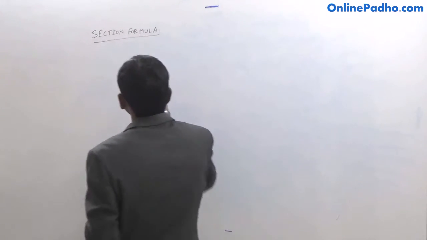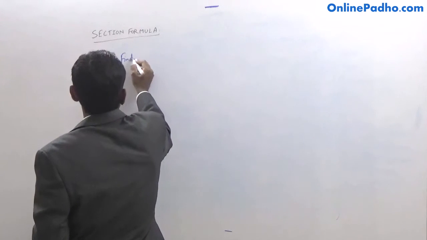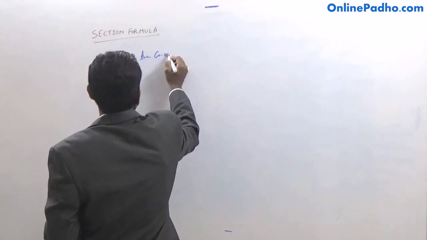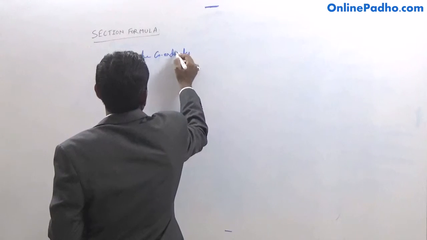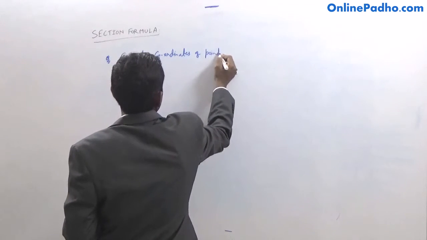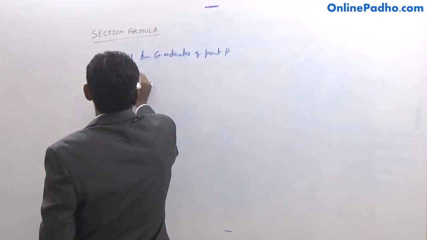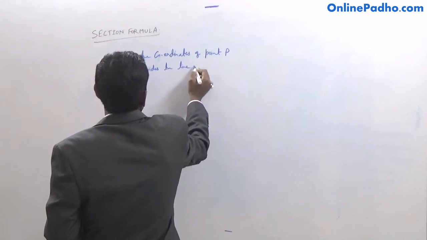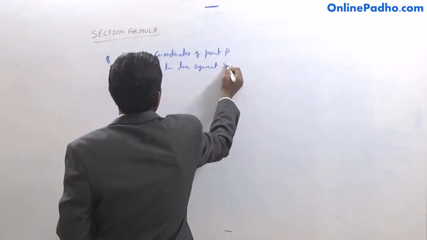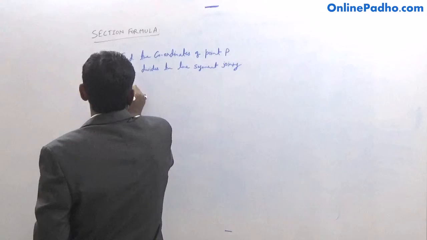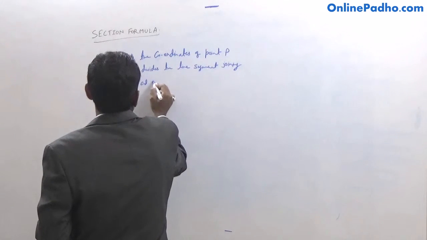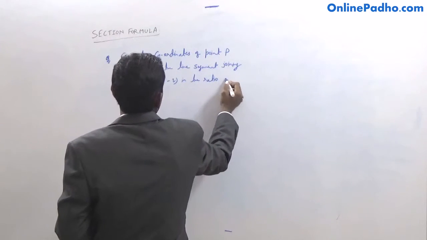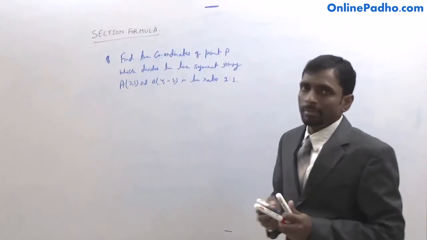So let's see, if we have a question: find the coordinates of point P which divides the line segment joining A (3, 1) and B (4, -2) in the ratio 2:1.